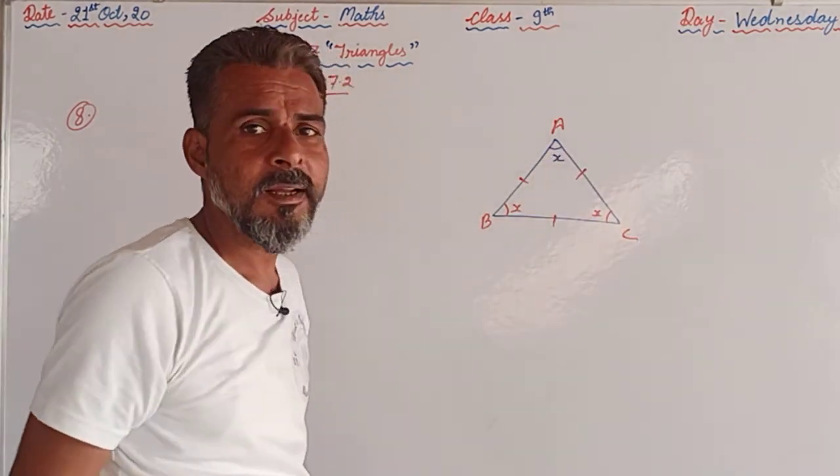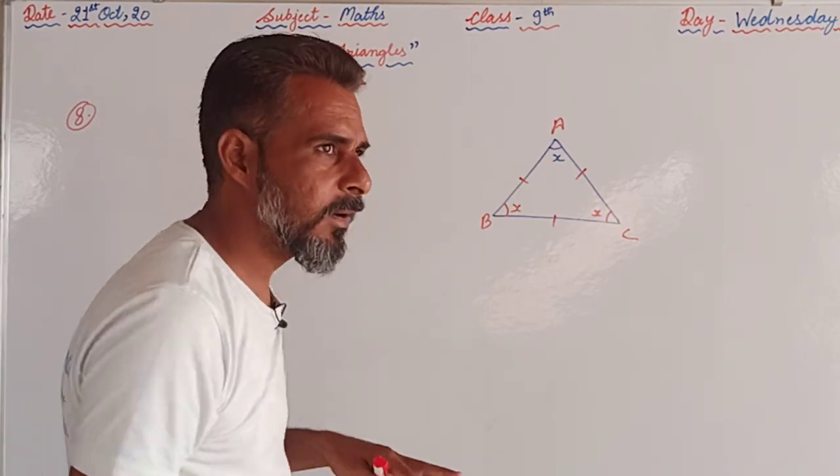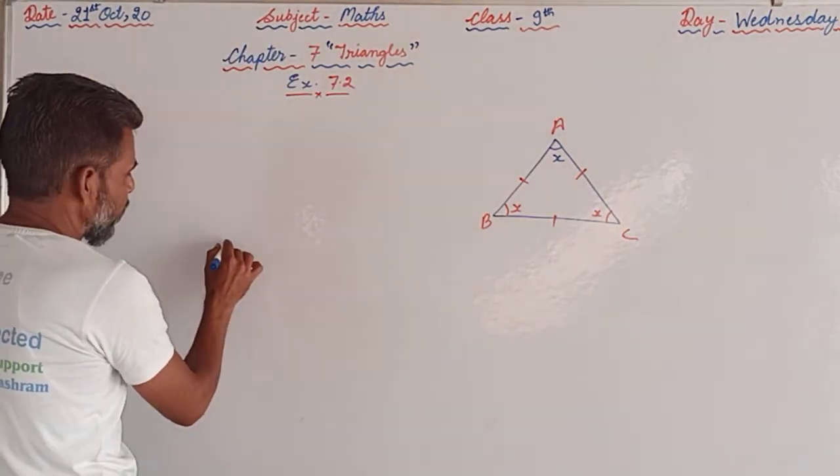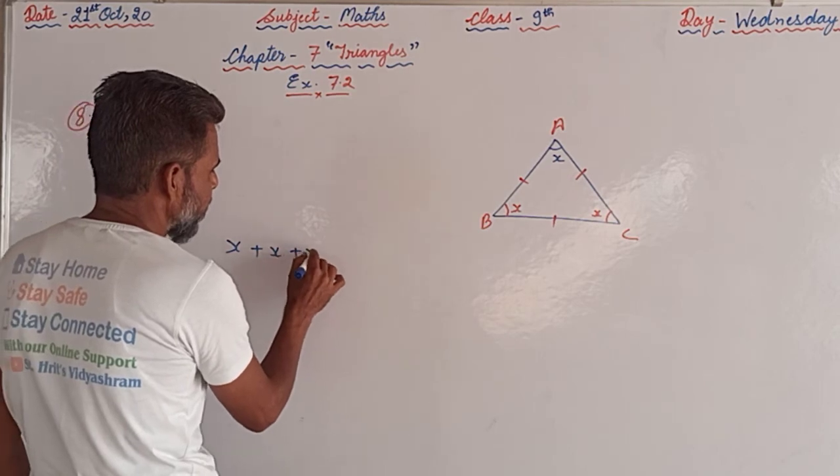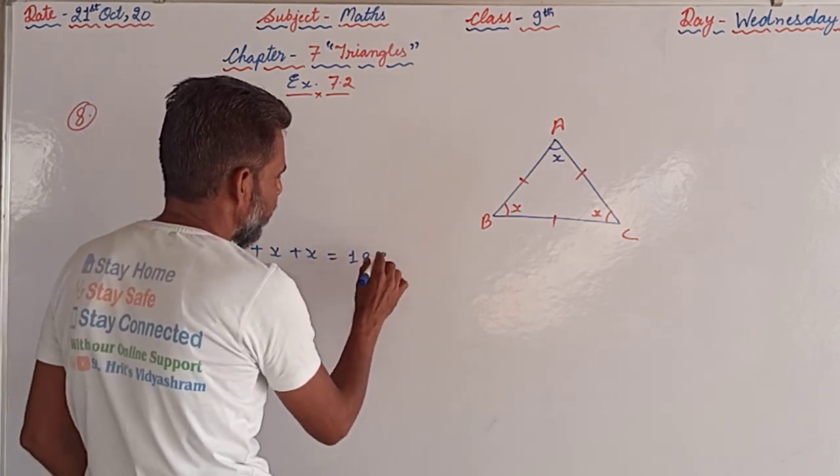So, all the angles of an equilateral triangle are equal, so we can use the angle sum property: X plus X plus X is equal to 180 degrees. Why?